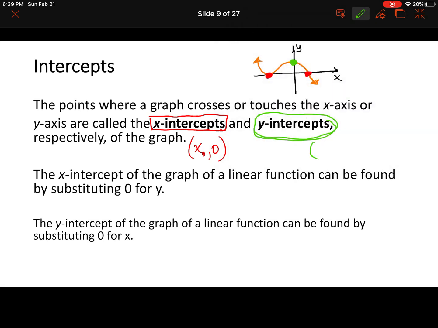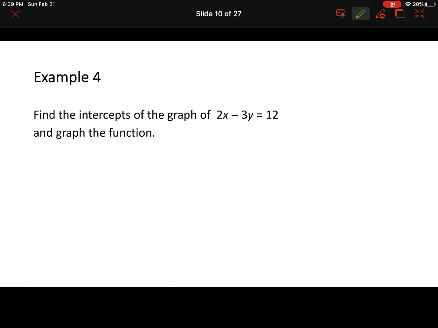With the y-intercepts, the x value is always 0, and you'll have some y value. That x naught and y naught is just stating that it's going to be some value. All right, so let's keep rolling.